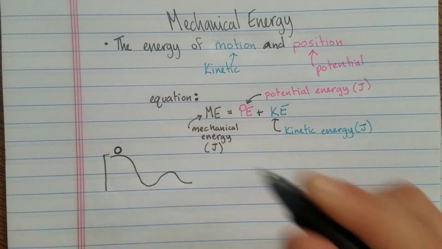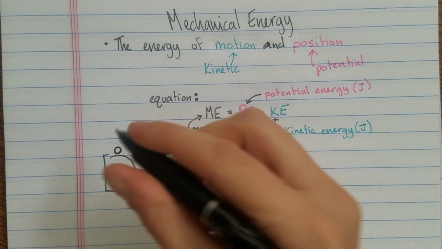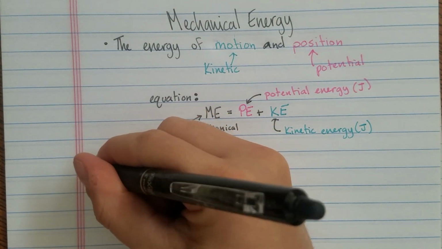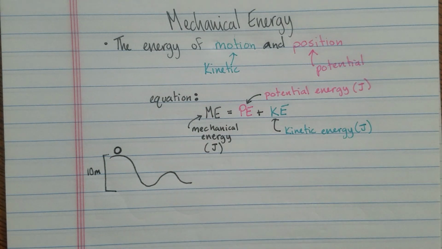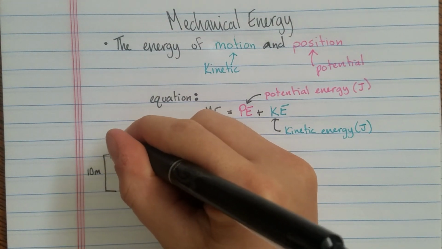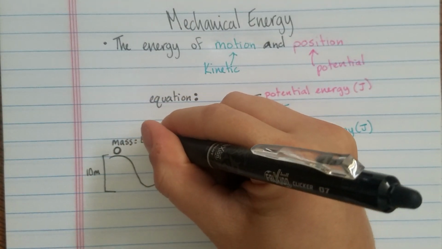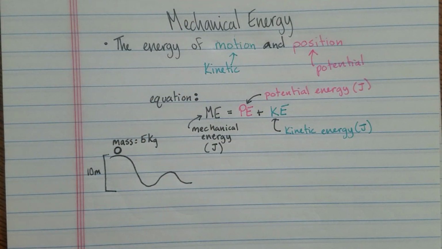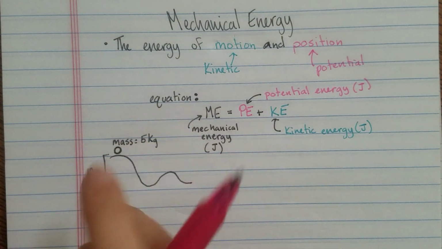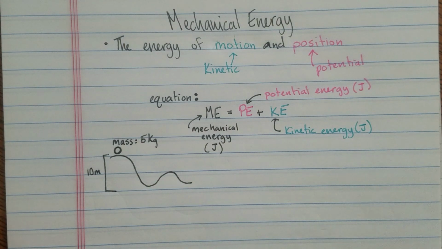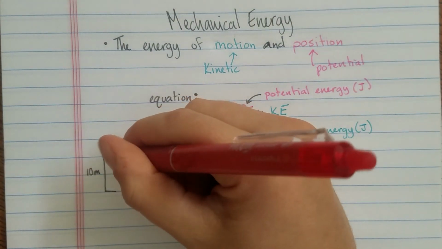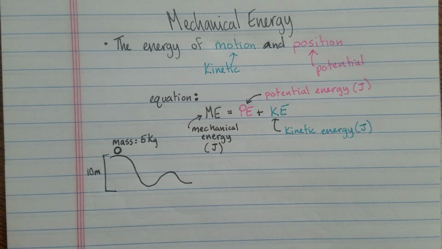We'll say that my roller coaster is, just to make it easy, 10 meters high. And let's say the mass of my marble is 5 kilograms. It is a huge marble. All right. So one of the things I'll be doing today is having you calculate the amount of mechanical energy your marble will have on your roller coaster.